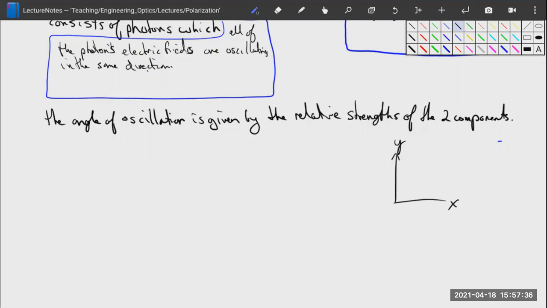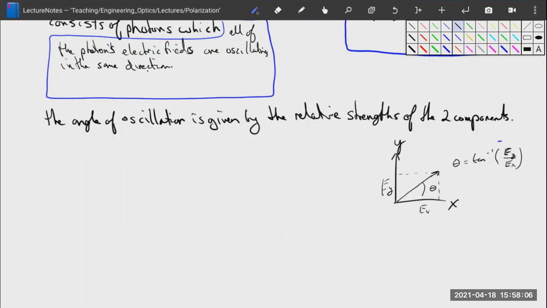So we would say that our electric field maybe is going like this, and there's some angle theta, and we have some Ex and some Ey, and theta is equal to the tangent inverse of Ey over Ex. That's terribly drawn, terrible E, right? So that would tell us the angle of the polarization.